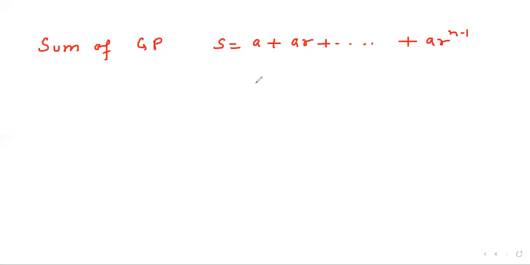Sum of GP: a plus ar plus dot dot dot plus ar power n minus 1. Now we multiply each term by r, so it becomes sr equal to ar plus ar square plus dot dot dot plus ar power n minus 1 plus ar power n.